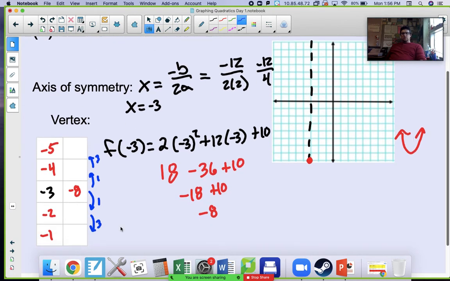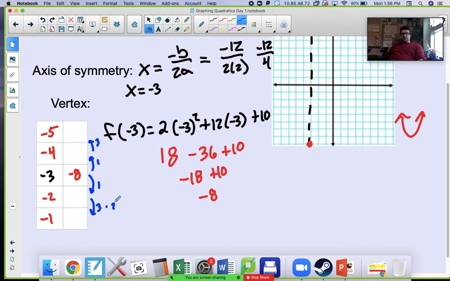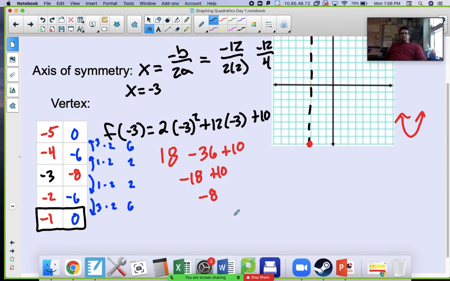A is 2, so we're going to multiply all of these by 2. And so really that's 6, that's 2, and that's 6. All right. -8 plus 2, -6. -6 plus 6, 0.